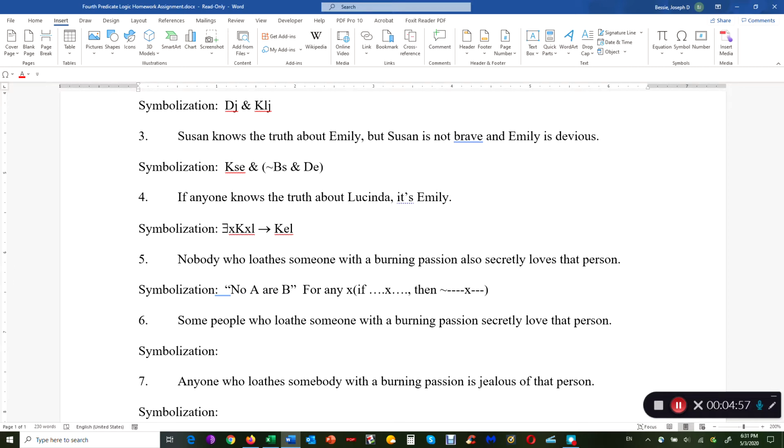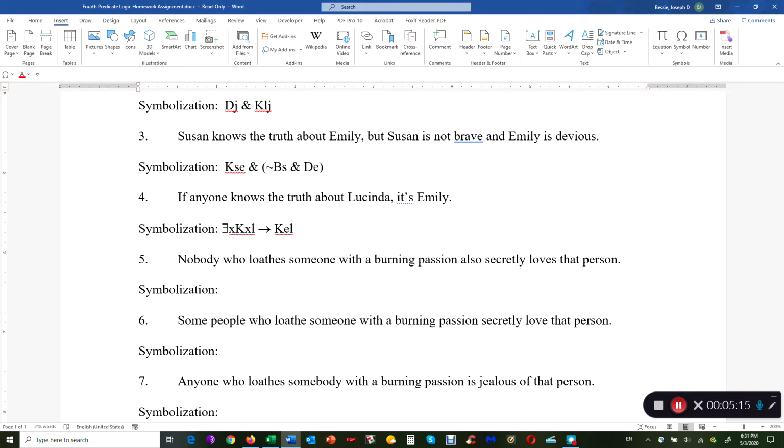It has that vague form of no A is B. Here, nobody who loathes someone with a burning passion secretly loves that person. But here you have two variables. So let's do it one step at a time in kind of Loglish to full symbolization.